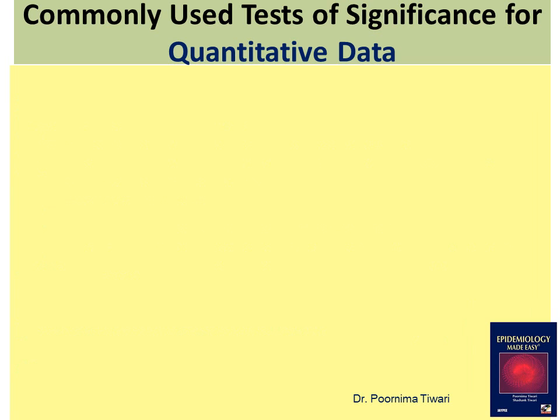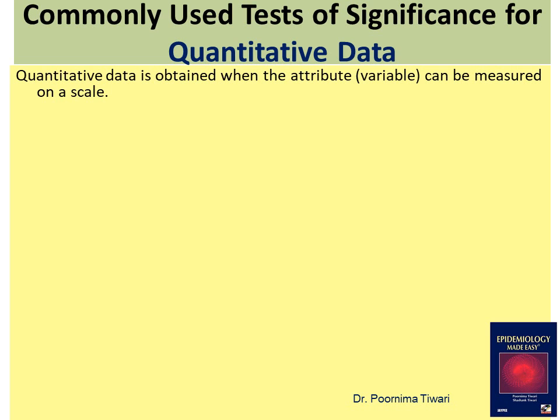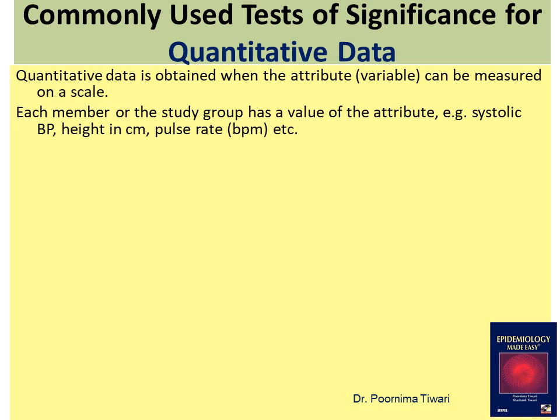Next comes the commonly used tests of significance for quantitative data. Quantitative data is obtained when the variable that we are measuring can be measured on a scale. So each member of the study group has a value of the attribute. For example, systolic blood pressure, height, pulse rate in beats per minute, etc. It is uncommon to be totally absent in any member of the group.